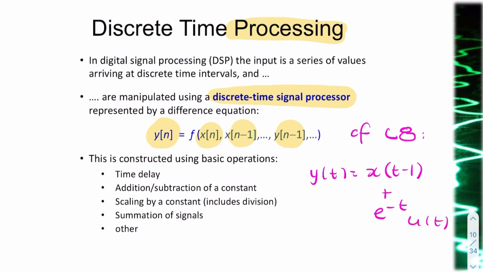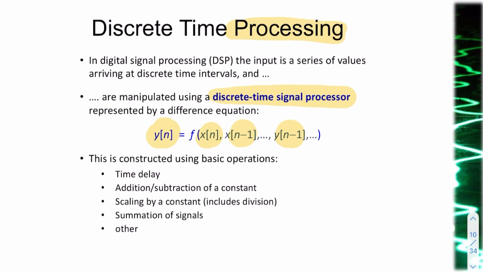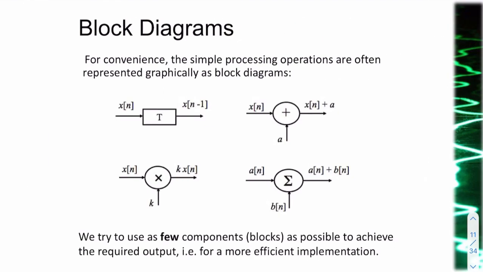For example, this is how we used to characterize continuous time signals before we introduced the idea of an impulse function. So I'm doing the same thing here. I'm relating the output to the input. The only difference is we're now talking about discrete time signals because we're talking about discrete time systems.